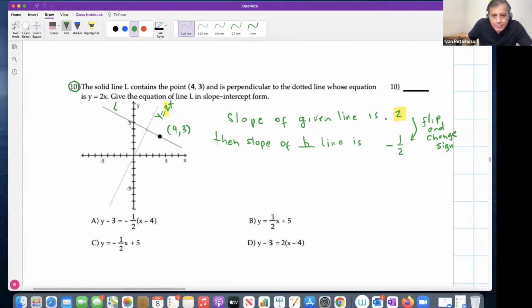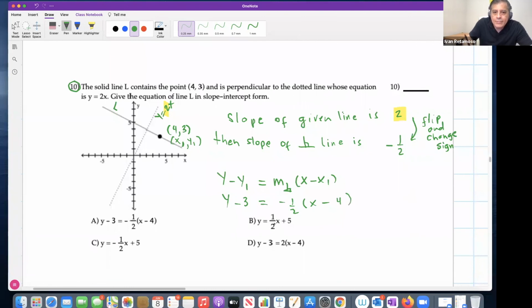Minus 1/2, right? And then you do y minus y1 equals the slope of the perpendicular line times x minus x1. Label this point as x1, y1. So bring y1, which is 3, down here, with slope negative 1/2, x minus x1, 4.